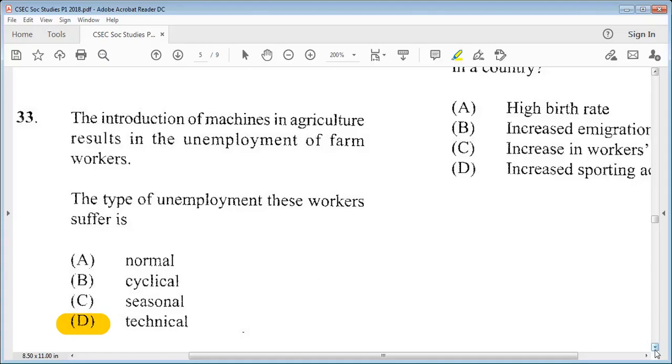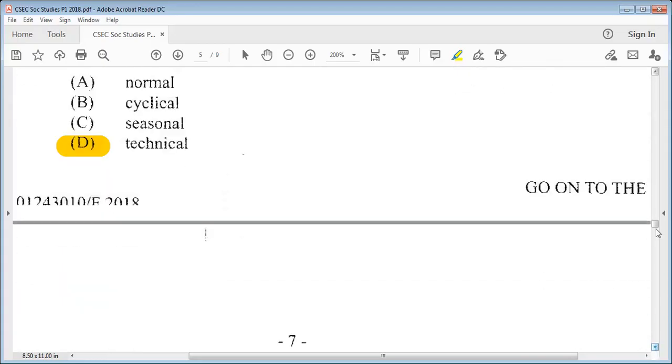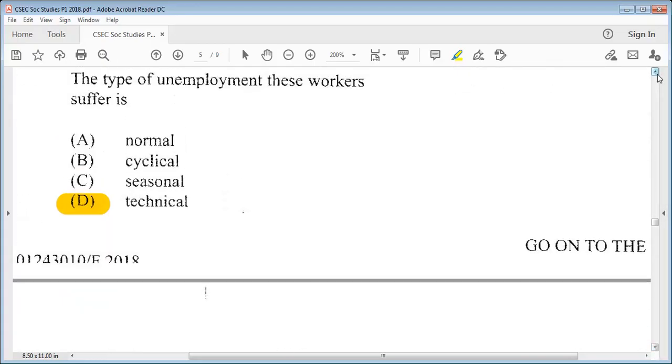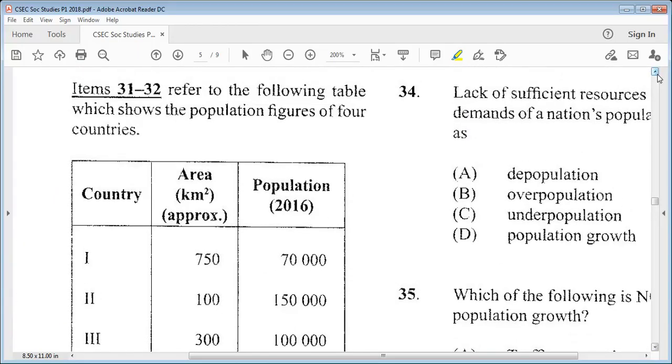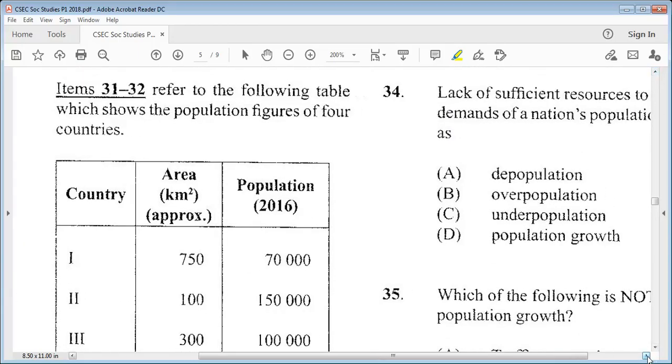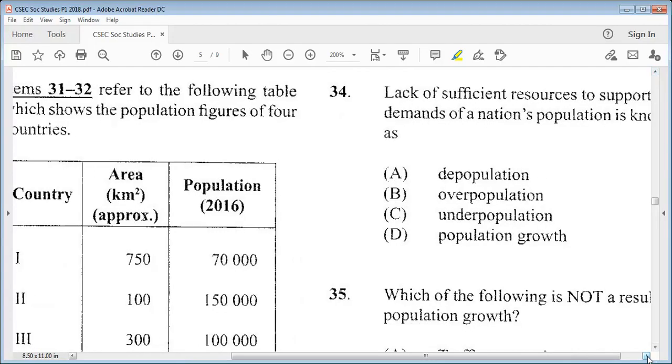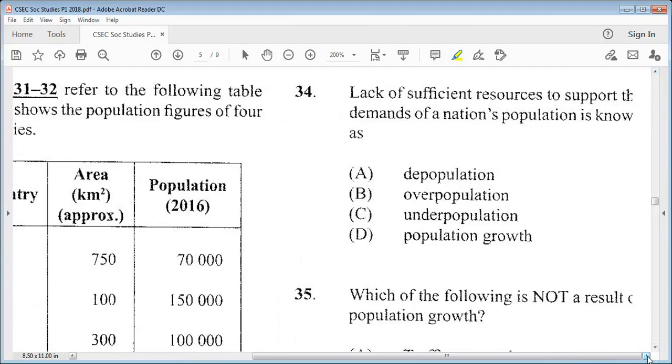Let's go on to question 34. Here it says, lack of sufficient resources to support the demands of a nation's population is known as A, depopulation, B, overpopulation, C, underpopulation, or D, population growth.